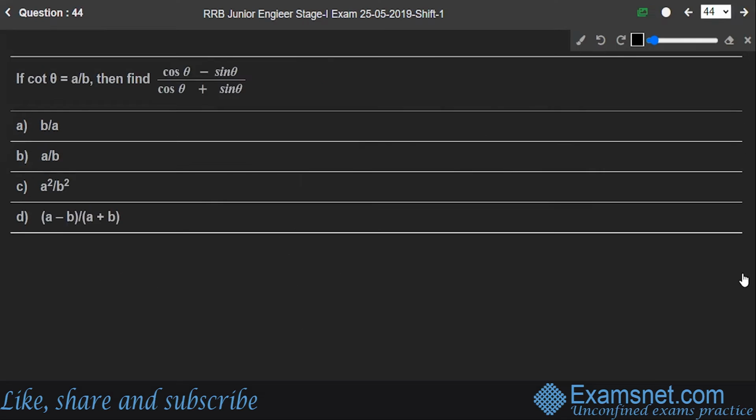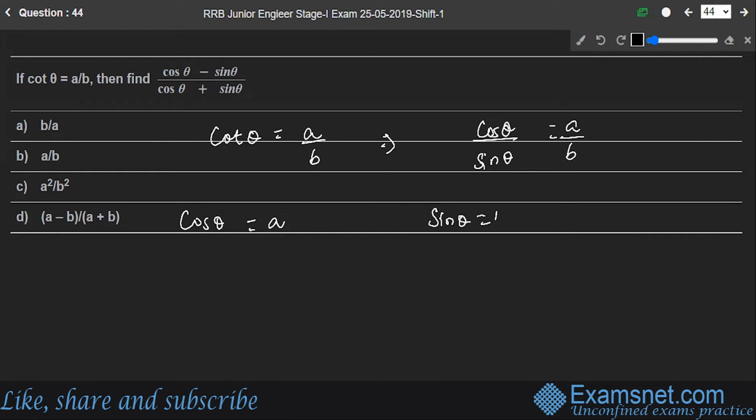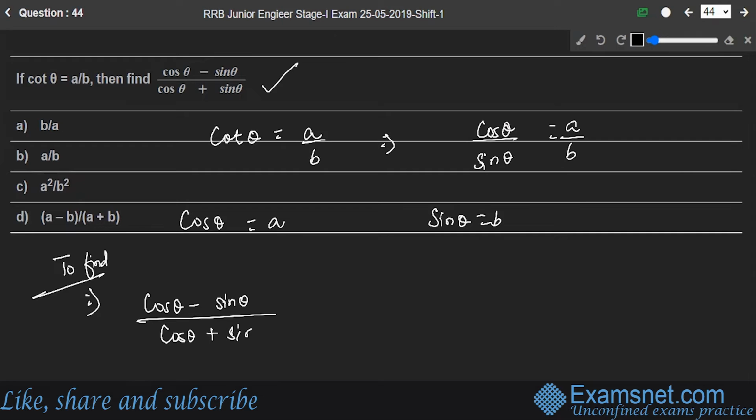Hope you understood. Next question number 44, mathematics trigonometry. We have cot theta equal to A upon B. You know, cot theta is equal to cos upon sine, that is equal to A upon B. So that means you have cos theta as A and sine theta as B. What you have to find out is (cos theta minus sine theta) divided by (cos theta plus sine theta).